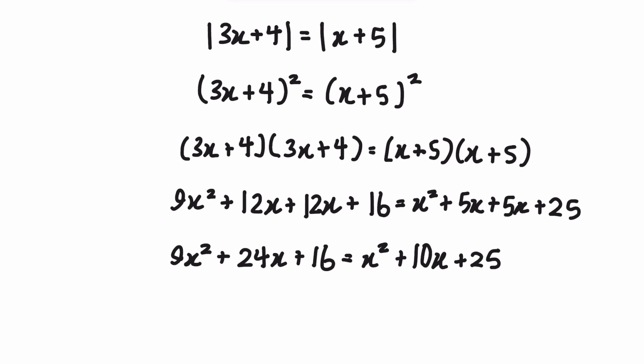We need to place the equation on one side and equate it to 0, so it will be 8x squared plus 14x, and 16 minus 25, we will get minus 9.